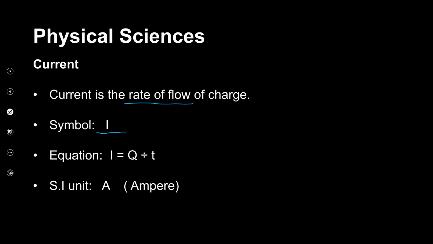The symbol for current is I, and the equation we use to calculate current is I equals the charge Q divided by the time. So that's why we say it's the rate of flow of charge. And the unit for current is the ampere, symbol A. We don't say amps, we say A for the current.